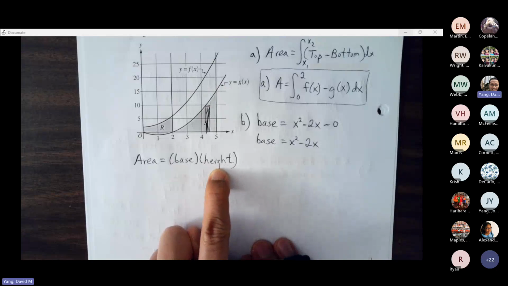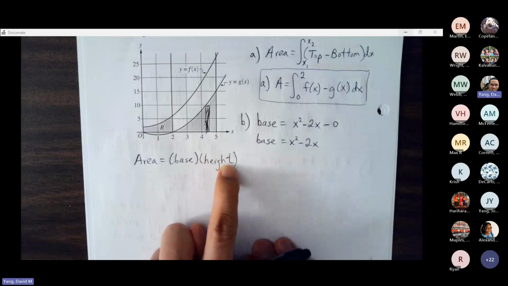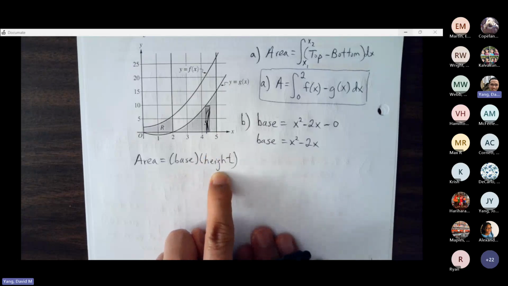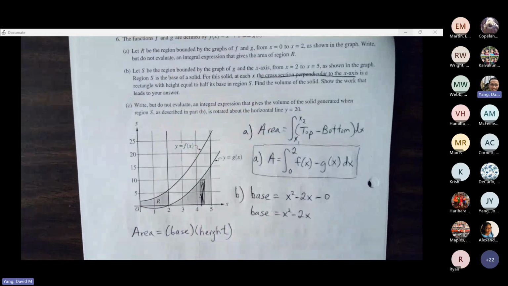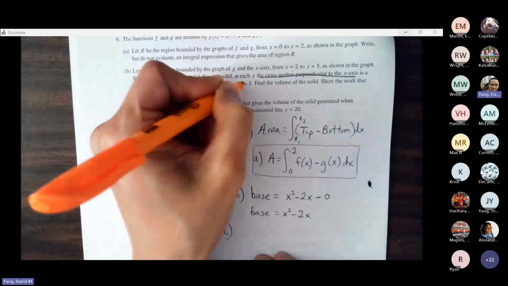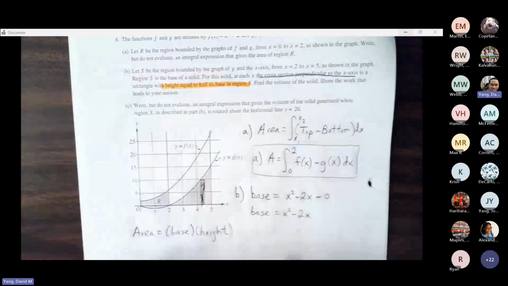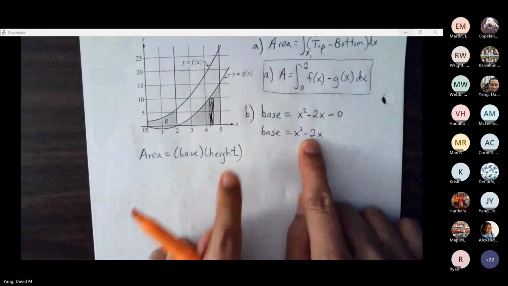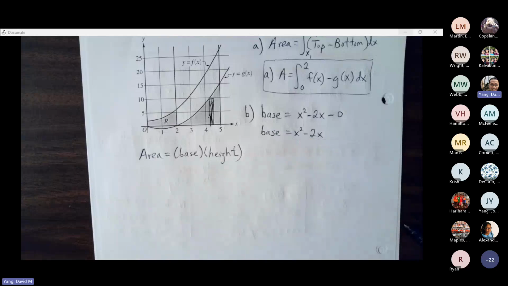Either they give you a number or they give you some relationship for you to build that height. You're not going to have to guess what the height is. They should tell you what the height is. So they tell us that the height is equal to half its base length. So this is our base length. The height is 1/2 of that.